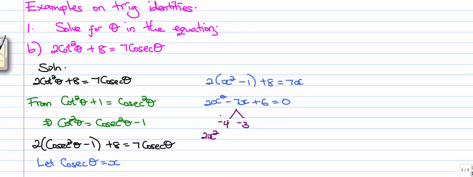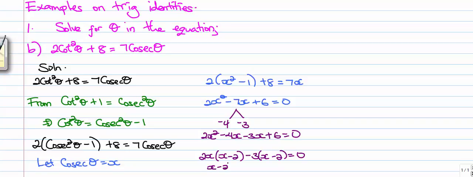And once we solve it down, we shall obtain our roots as x is equal to 2, x is equal to 3 over 2.